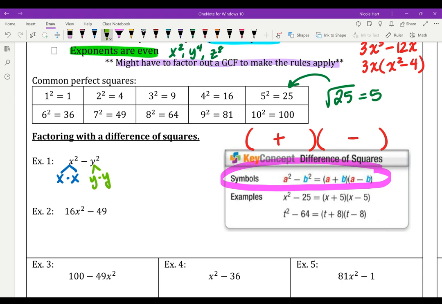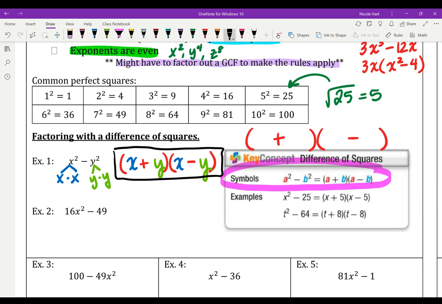So now I have two x's and two y's. I'm going to take my two binomials, one with addition, one with subtraction. Each is going to get an x, and each is going to get a y. And that is factoring a difference of squares. That's our answer right here. That's all we are going to do.